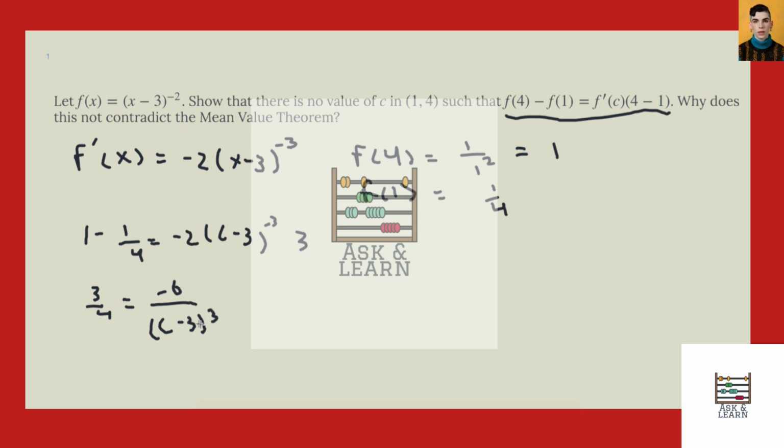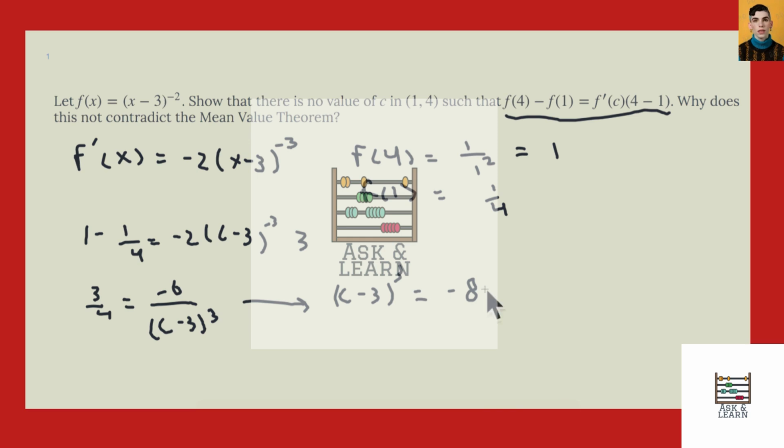And now we can rewrite this. You can multiply by c minus 3 on this side, and then negative 6 times 4 divided by 3 gives us negative 8. So this will be (c minus 3) raised to the third power equals negative 8.